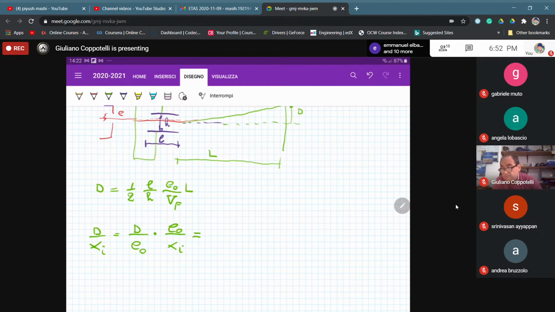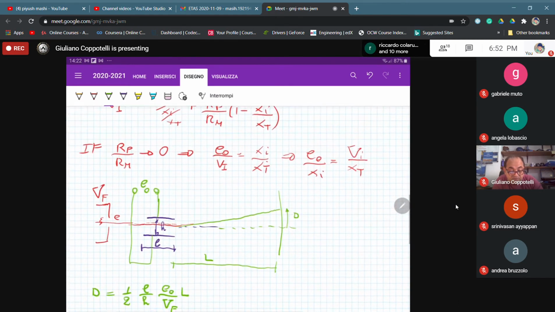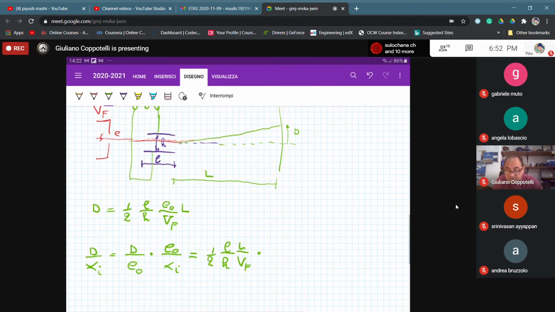Everything is in place. D over E0 could be obtained from the previous equation. So what we got is 1/2 L over h, L over Vf. And then under the hypothesis that the potentiometer resistance is much less than the measuring device resistance, that is equal to E over xt.